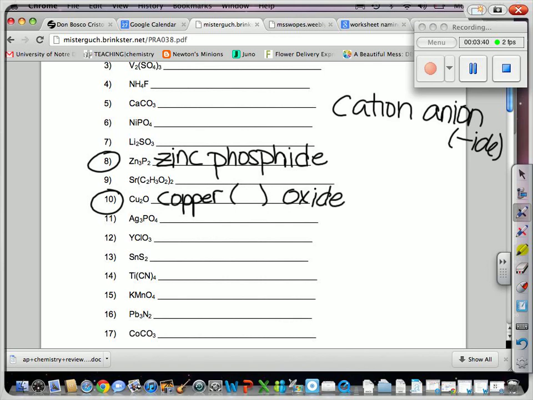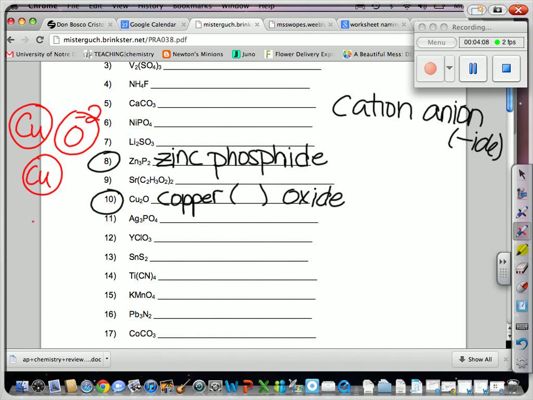Now let's see if we can sort out what the charge of copper is. I know that I have 2 coppers bound to an oxygen. Now, oxygen is in group 6, so if I take 6 minus 8, that gives me a charge of -2. So oxygen has a -2 charge and there are 2 coppers.